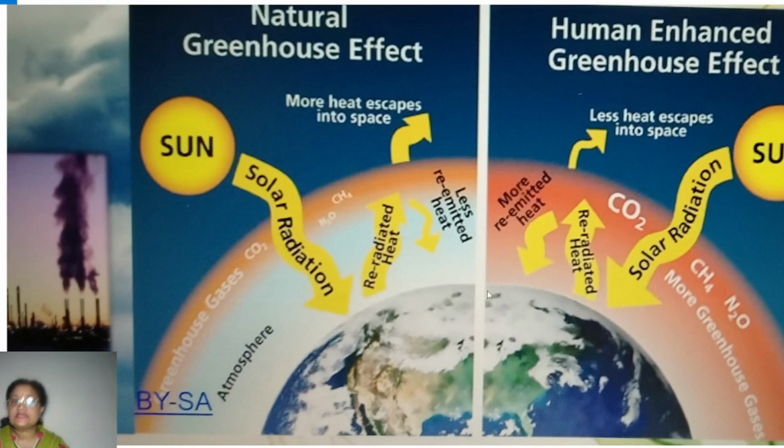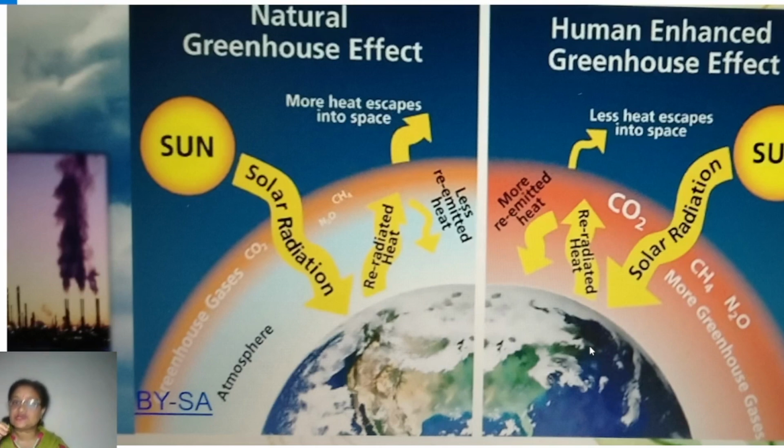But when the quantity increases a lot by various human activities, that causes the human enhanced greenhouse effect, right? Again, the solar radiation is reaching us, as it was earlier. But now what is the result of it?